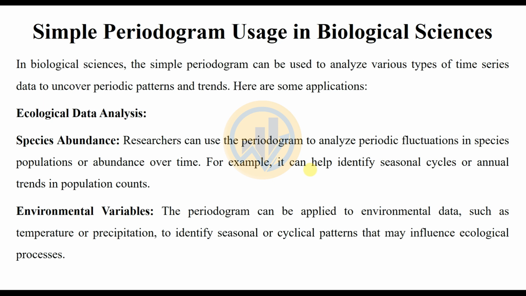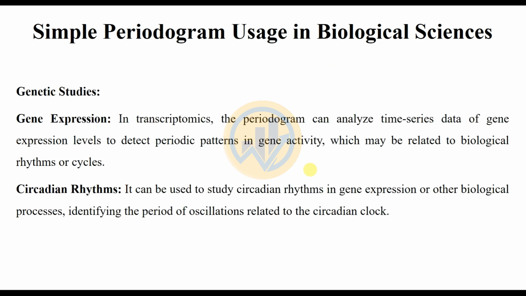For example, it can help identify seasonal cycles or annual trends in population counts. Environmental variables: the periodogram can be applied to environmental variables such as temperature or precipitation to identify the seasonal or cyclic patterns that may influence ecological processes.